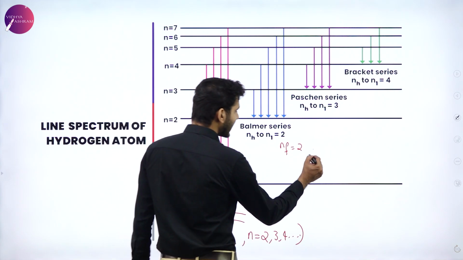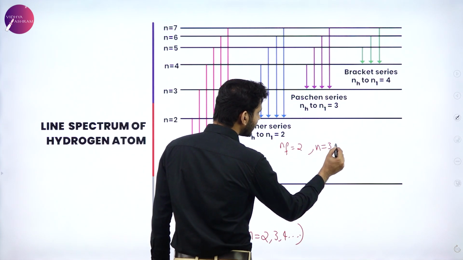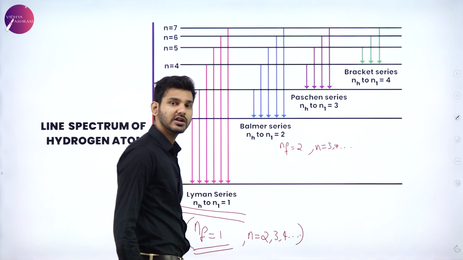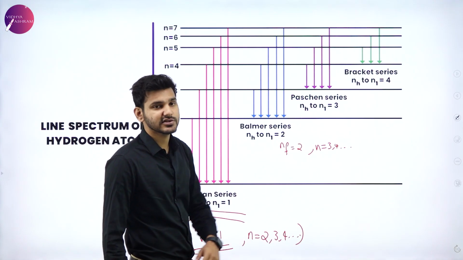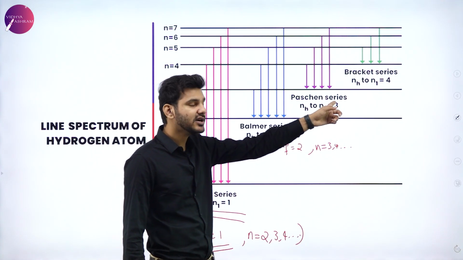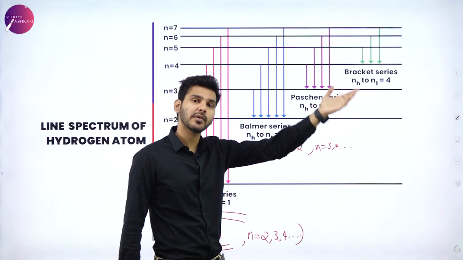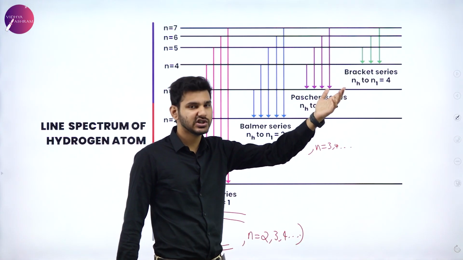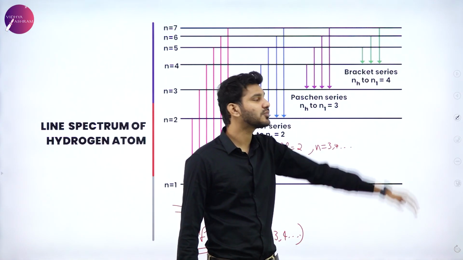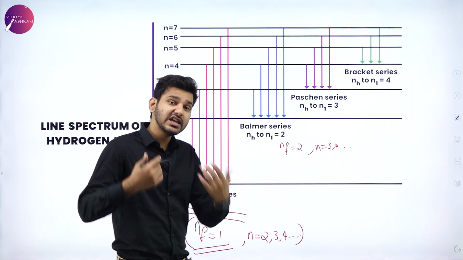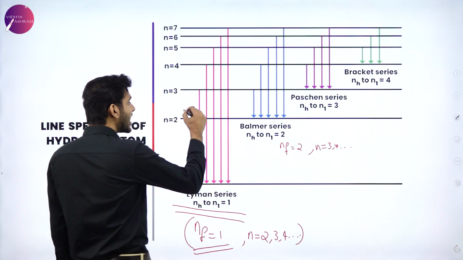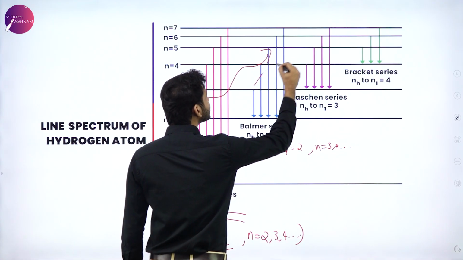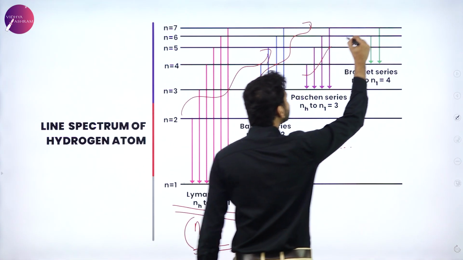So n will be equal to 3, 4, and so on. Similarly, for the Paschen series, the final state is the third one, and anything above third is going to be the initial state. And similarly, there is the Brackett series also. For each of these transitions, a different type of photon is emitted.